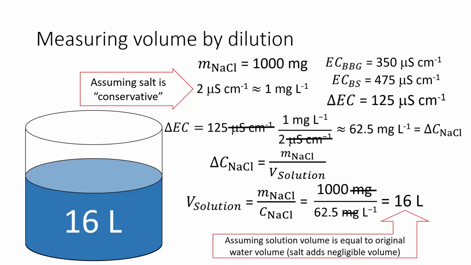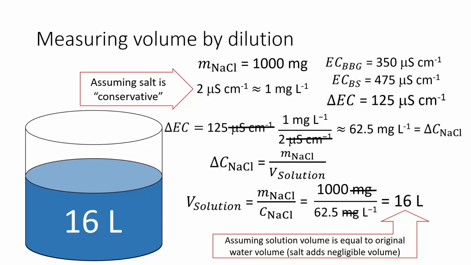Also, we're assuming that the solution volume is equal to the original water volume. Remember that in this calculation, this volume that we're calculating is the volume of the solution, not the volume of the solute. So the fact that our original volume might change if we add a mass to it is something that could cause error in this estimate.